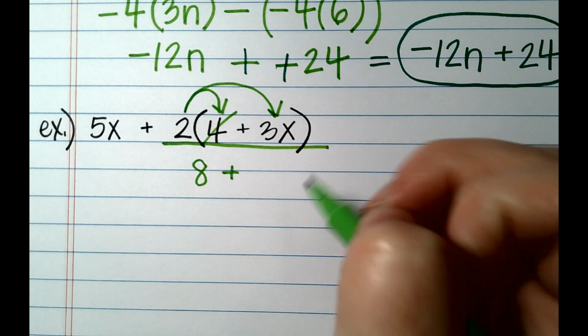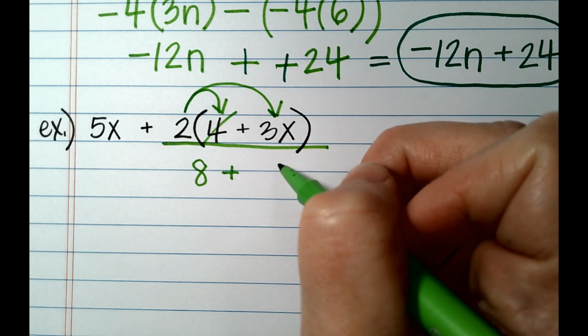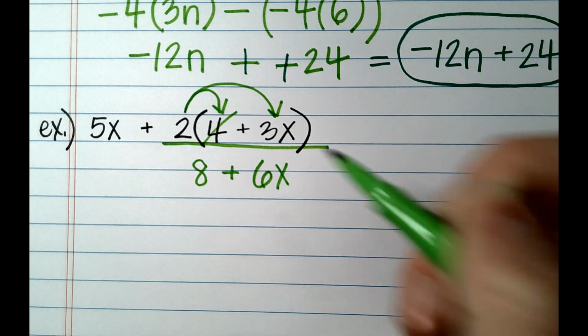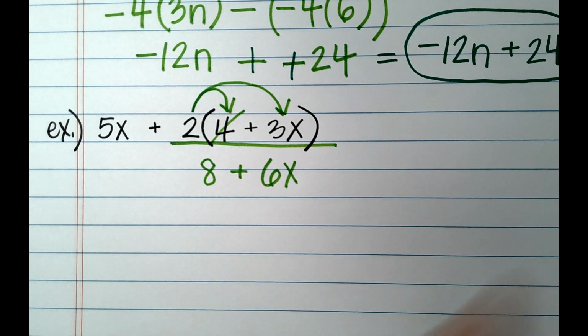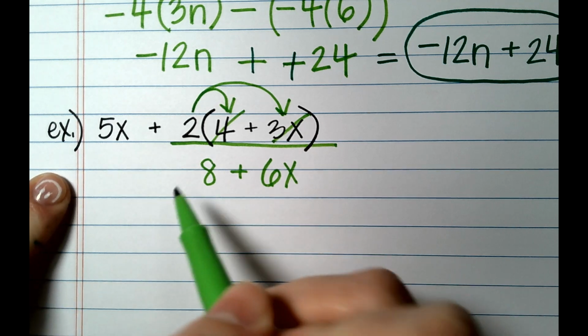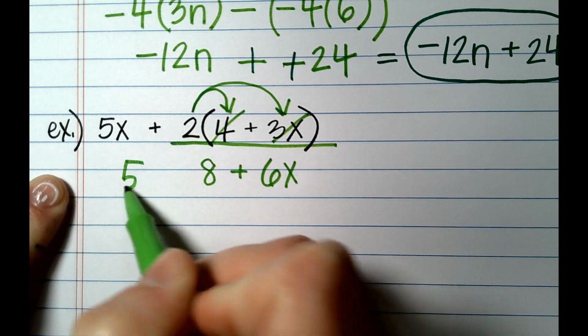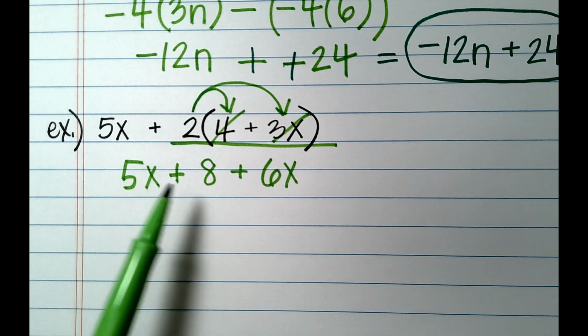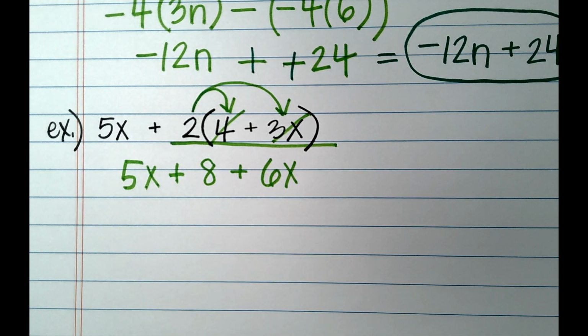And what is 2 times 3x? 6x. Good. Now I just bring down the 5x plus. Now I have 5x plus 8 plus 6x.